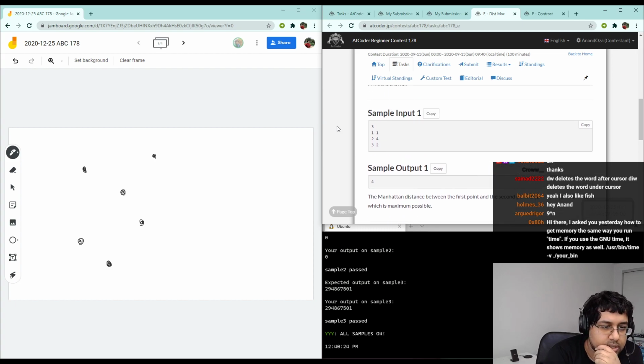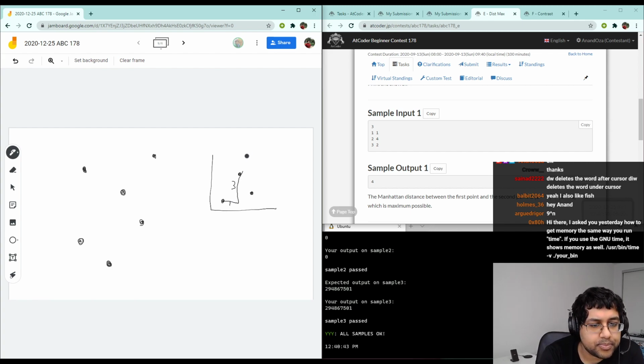I guess let's try drawing the example from the actual diagram. So you have 1, 1, you have 2, 4, and then you have 3, 2. And they're saying that this is 1, and this is 3.